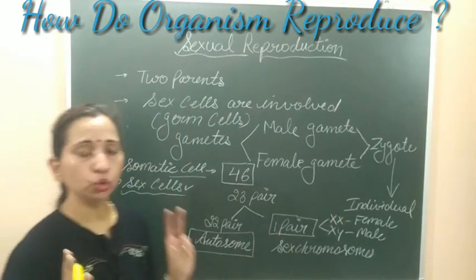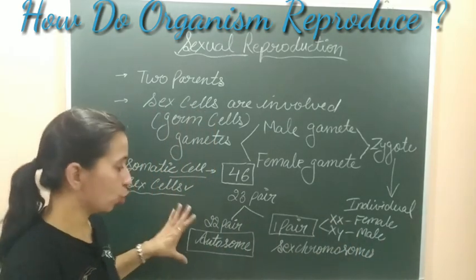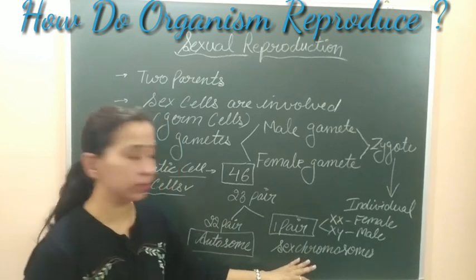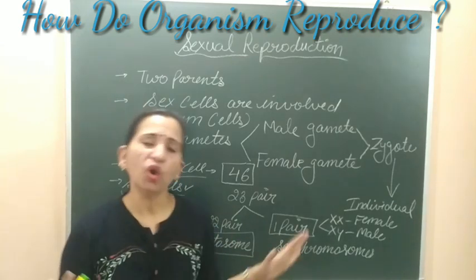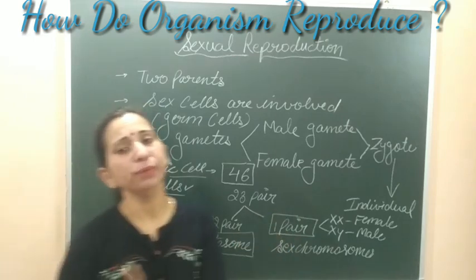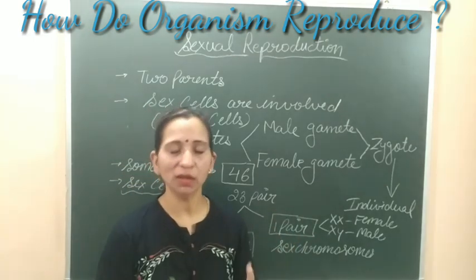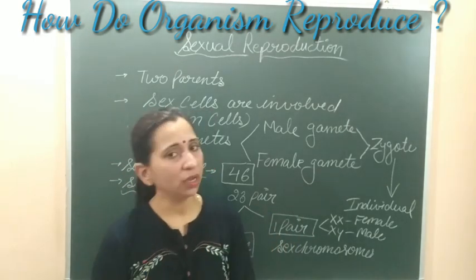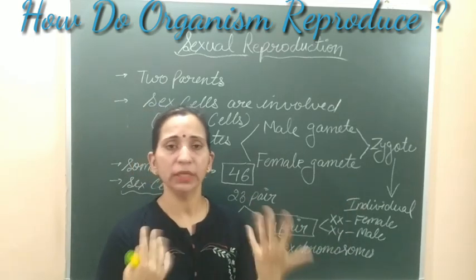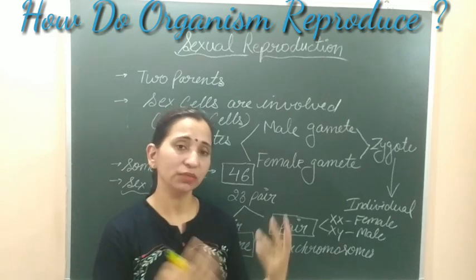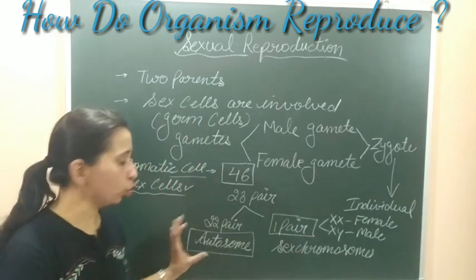So this is about the two types of chromosomes, that is autosomes and sex chromosomes. The 22 pairs are the autosomes which control the normal characteristics of the body. Normal means the height, the skin color, eye color, color of hair, and the physical features of our body are controlled by the autosomes.